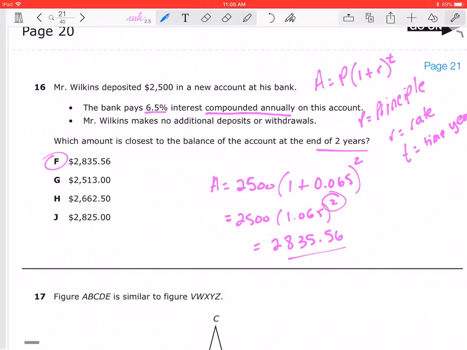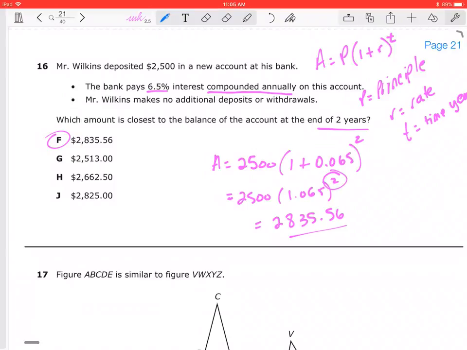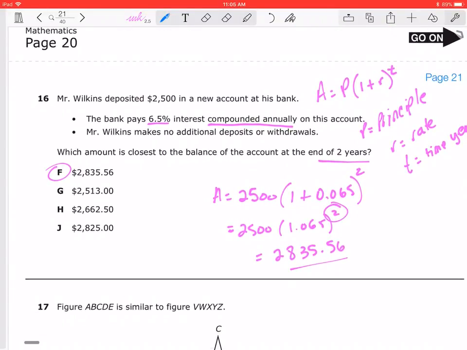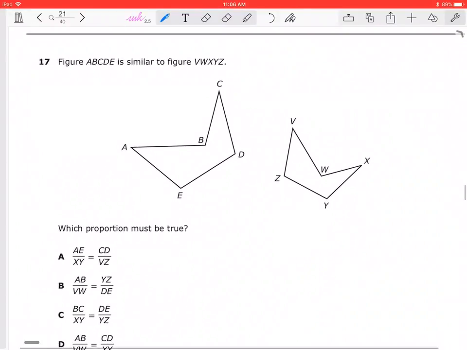We could have given you something like 24 months. That changes the formula a little bit, and that's like another class on finance. You won't get into that, so don't worry about that too much.